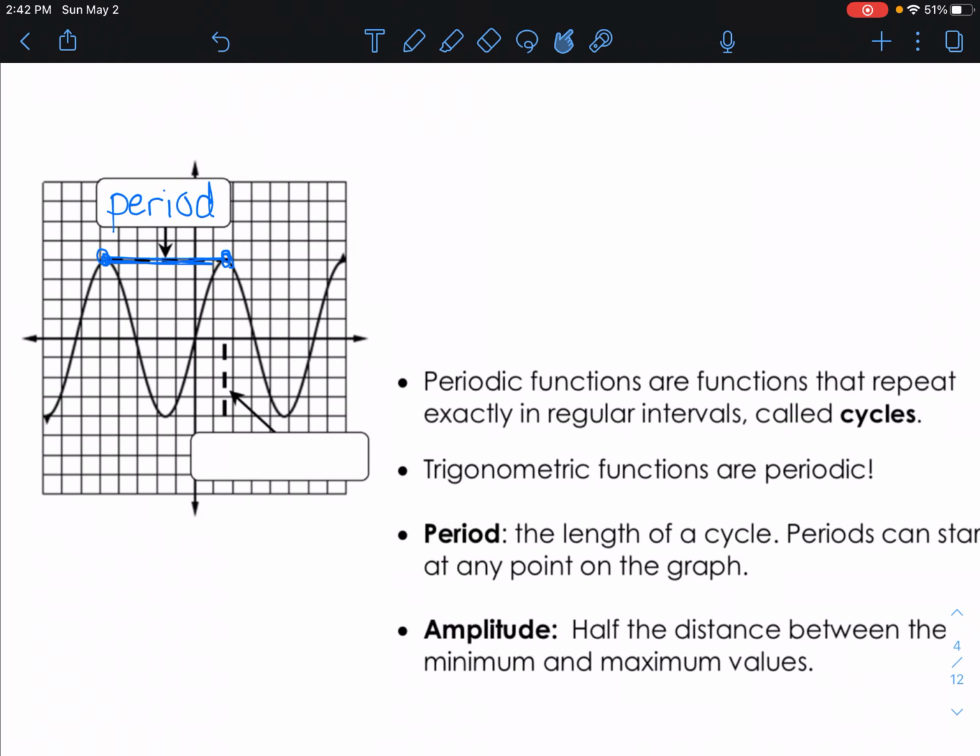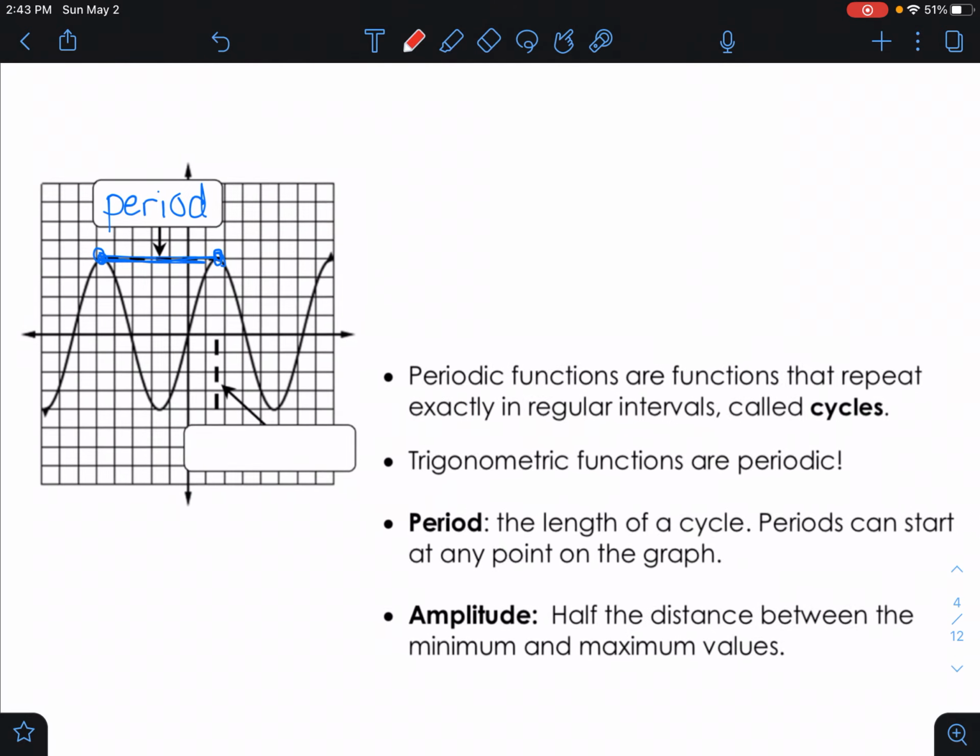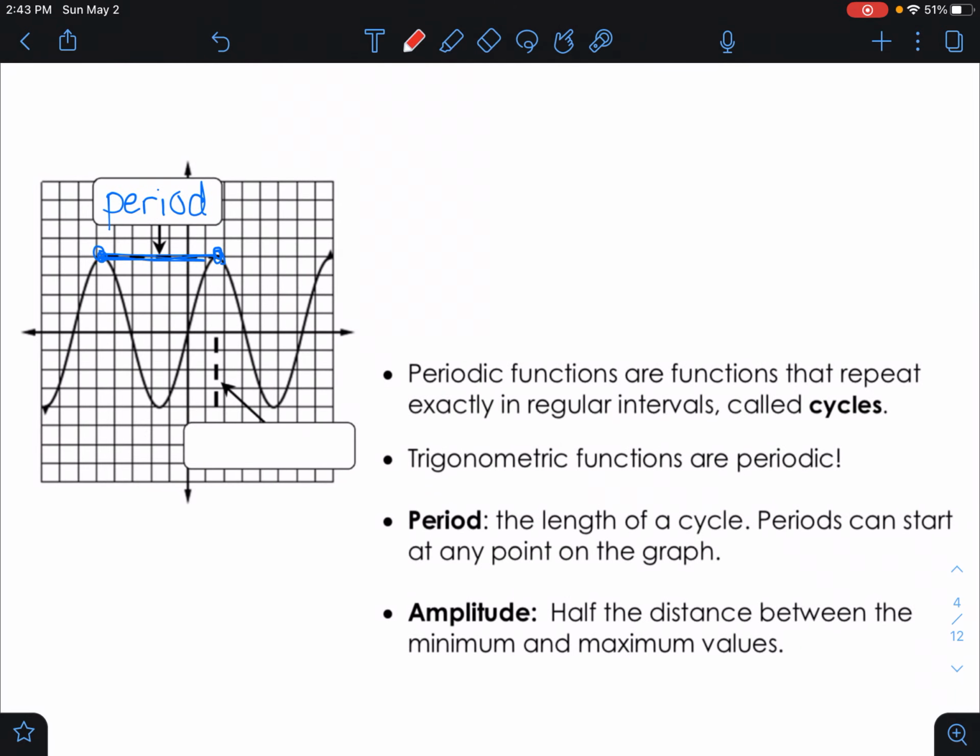And then another term that you're going to hear a lot is amplitude. The amplitude, you can see down here at the bottom, is half the distance between the minimum and the maximum values. The minimum value would be right here. This is as low as it goes, and this is as high as it goes. So the amplitude is in between that, okay? It might be easier to say from here to here.